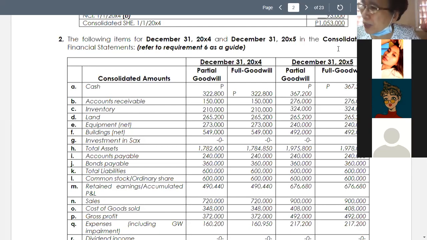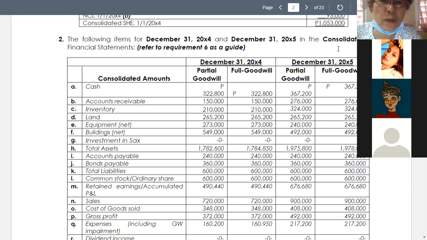So under the partial goodwill approach, if the goodwill attributable to the parent is 12,000 and we deduct the impairment loss share of the parent during 20x4, the net amount of the goodwill is 9,000. So it does not really mean that you have to include goodwill because these are the only requirements of the worksheet.